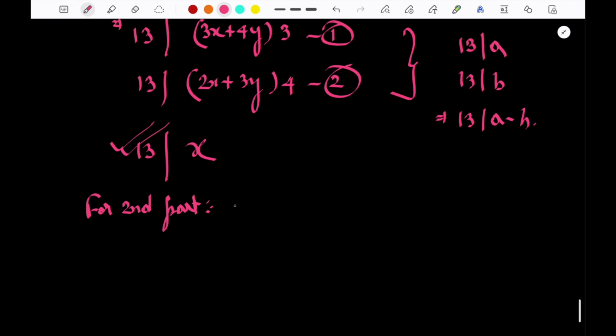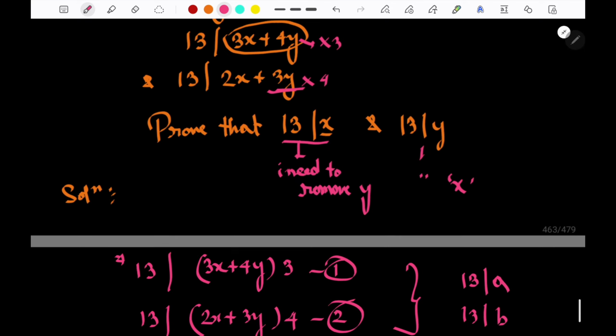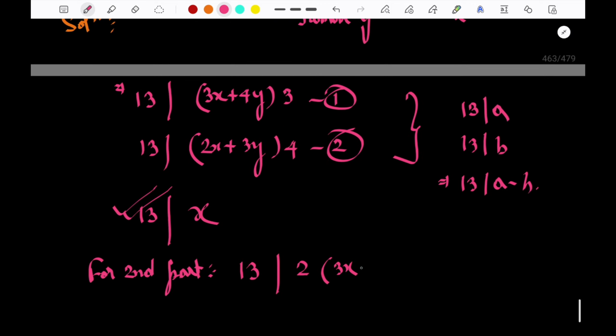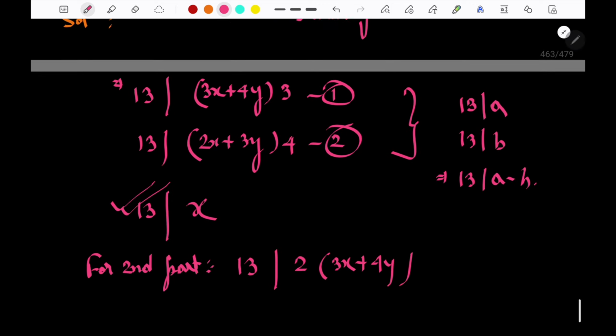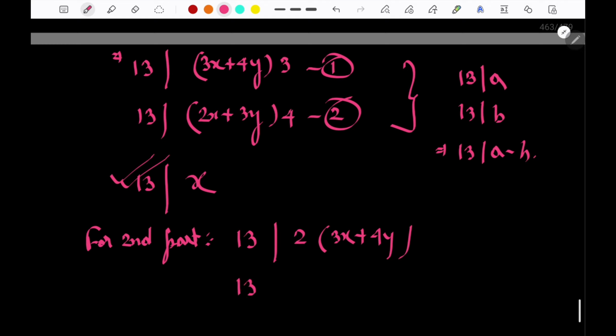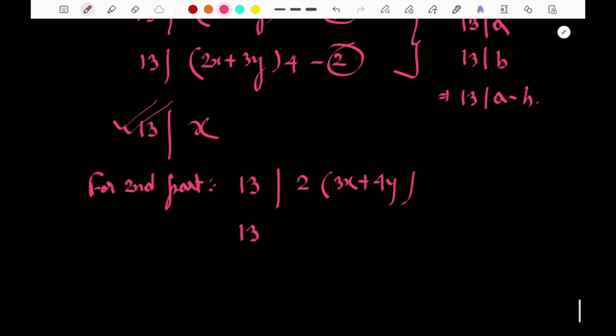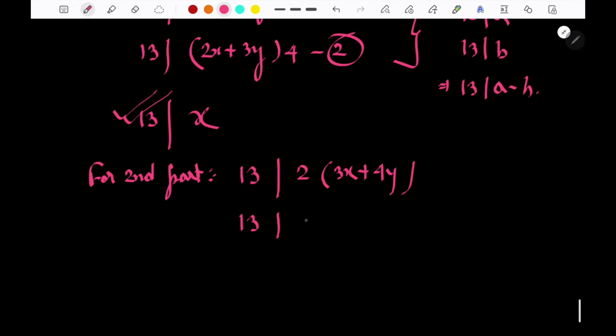So 13 divides 2 into 3x plus 4y, true. Why? If 13 divides 3x plus 4y, which is given, it will also divide the multiple of 3x plus 4y. Again 13 divides 2x plus 3y, so 13 will divide 3 into 2x plus 3y.